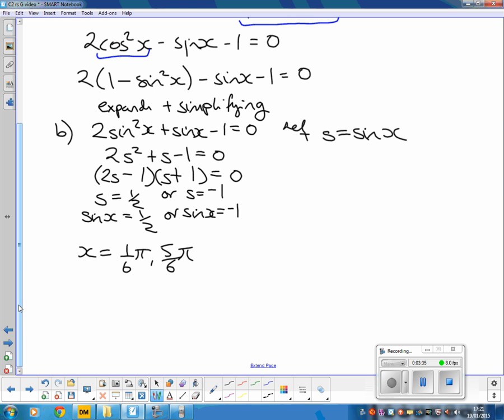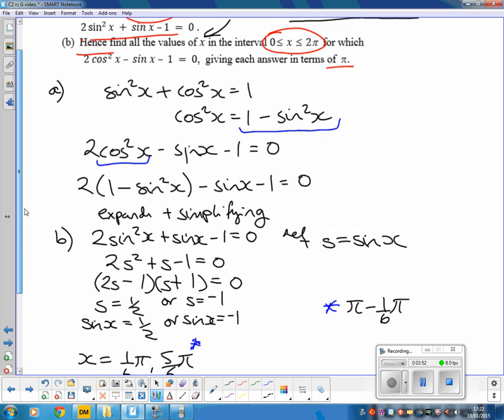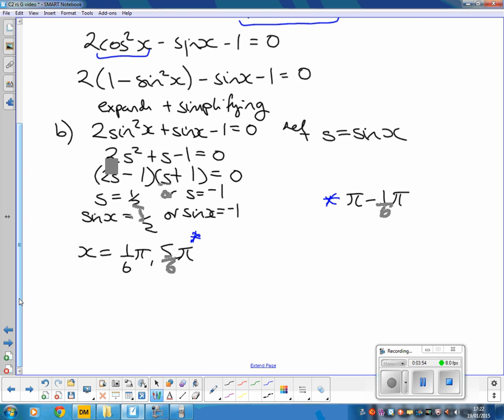So that 5 over 6 pi is using the rule for the second solution, which is for sine, pi minus the first solution. Now, as we're going between 0 and 2 pi, I'm expecting two solutions. So I found two solutions.